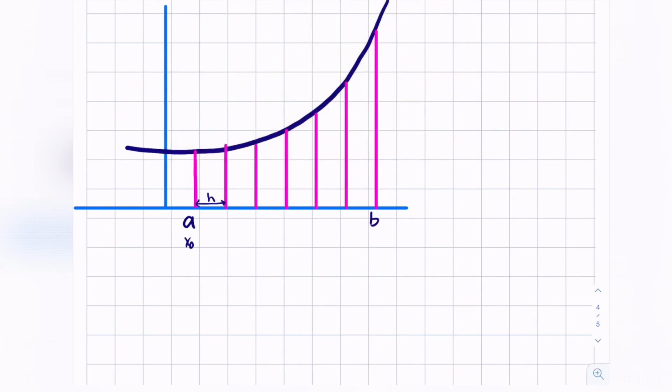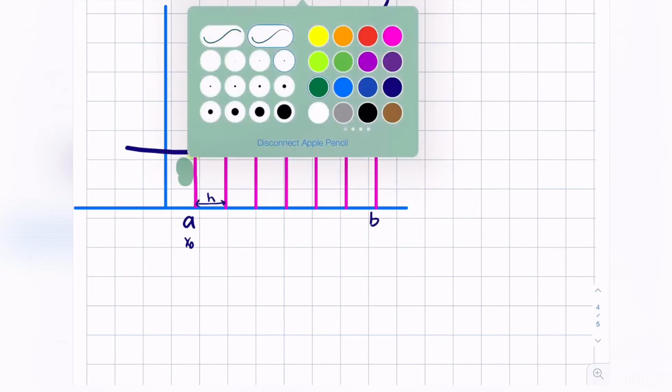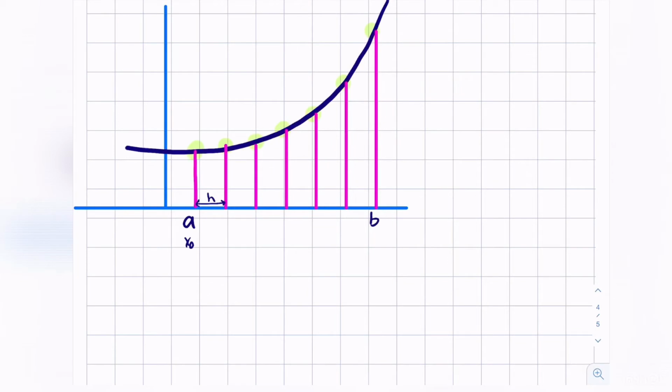So this point here and here, these are basically the height, which is the y's. So this is y0, this is y1, this is y2, y3, y4, y5, and y6 or yb, same.